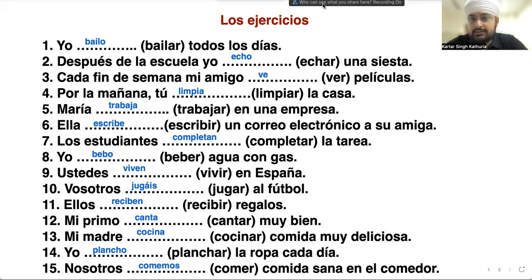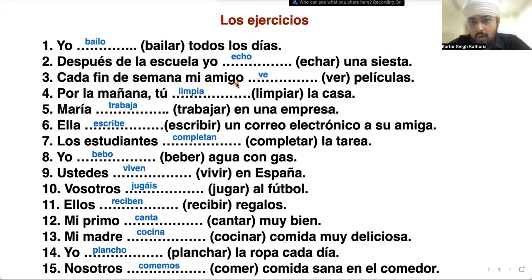I'll just tell you the meaning also. Yo bailo todos los días. Bailar means to dance. I dance every day. Después de la escuela, after the school, yo echo una siesta. Echar una siesta is an expression meaning taking a nap. So I take a nap. Cada fin de semana, each weekend.